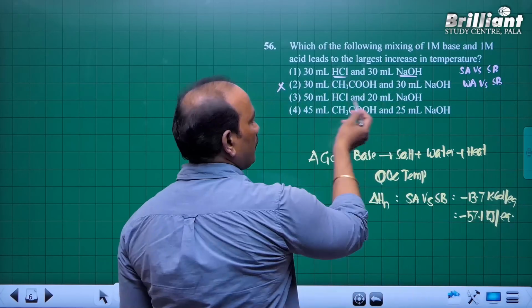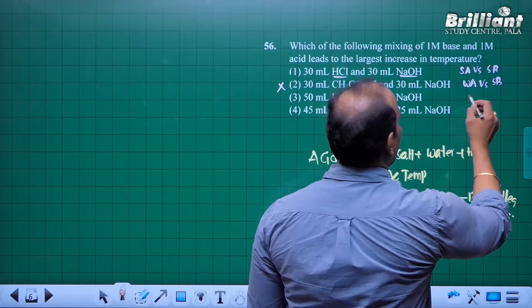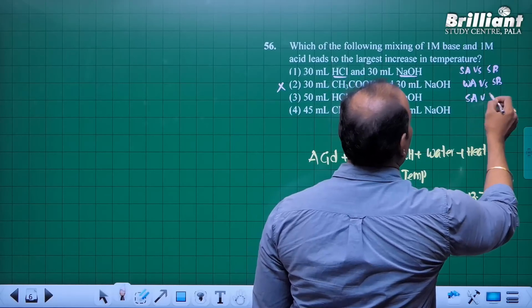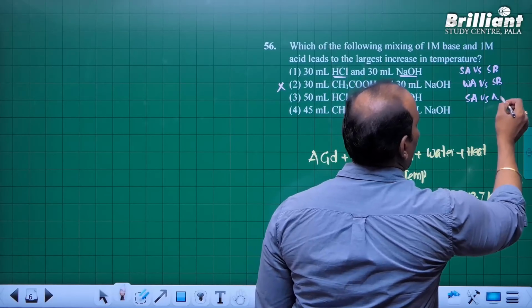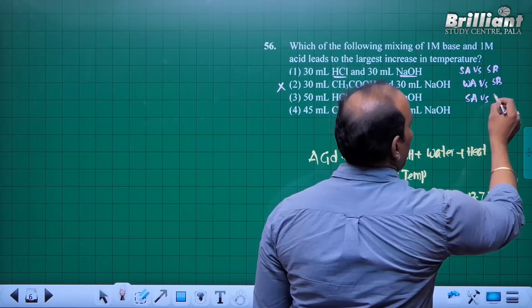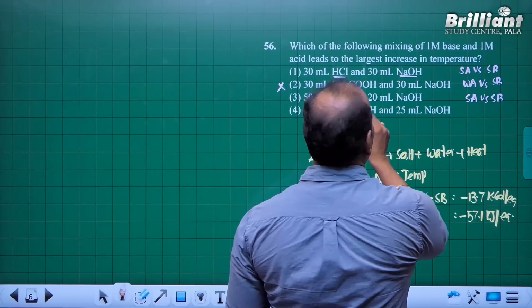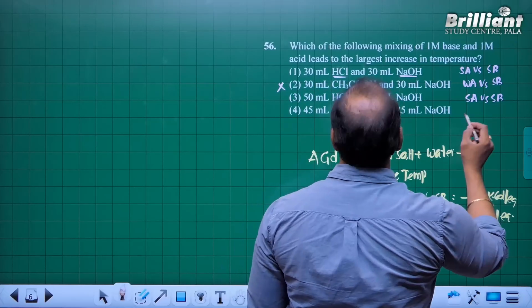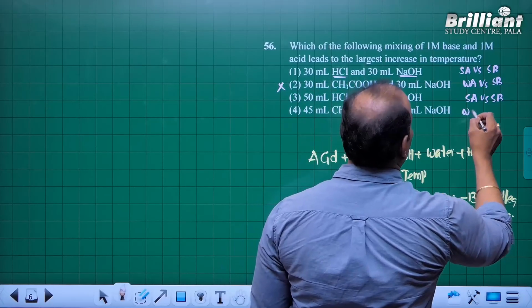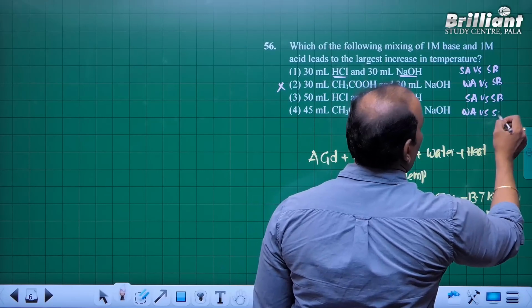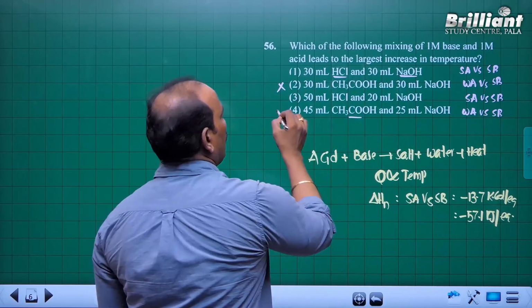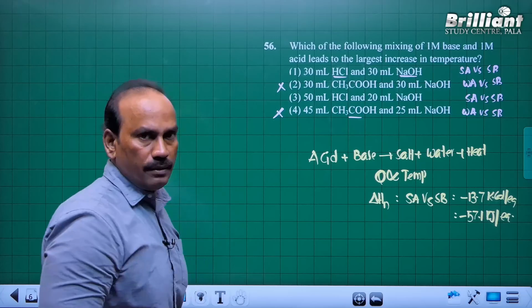Now here HCl is a strong acid versus strong base. Okay, this possibility is there. Then weak acid versus strong base. So out of 4, 2 options are deleted.